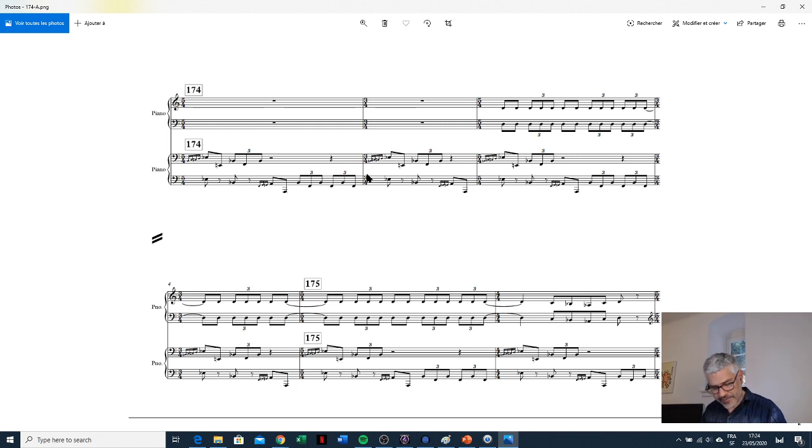So you need to be careful, make sure that you keep your beat in a very clear manner, almost fighting against the impulse of the orchestra.